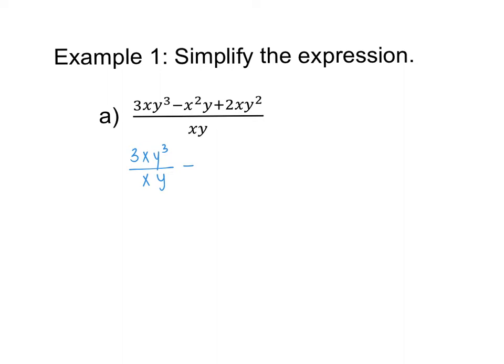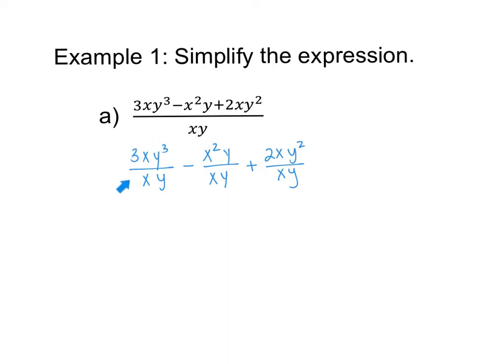And I'm going to write out my minus sign, x squared y over xy, plus 2xy squared over xy. So hopefully you've noticed that what I've done is taken each term and given it its own denominator with the same denominator that I'm using. So this is perfectly legal to do, and this actually helps make the problem a little bit simpler to handle.